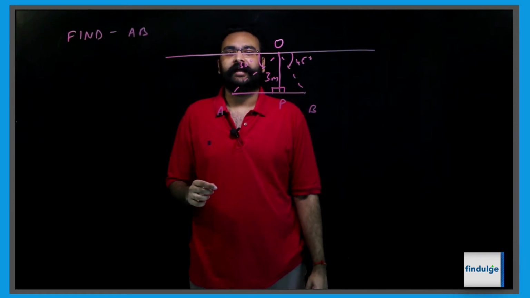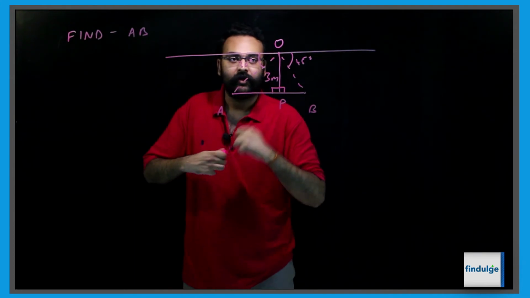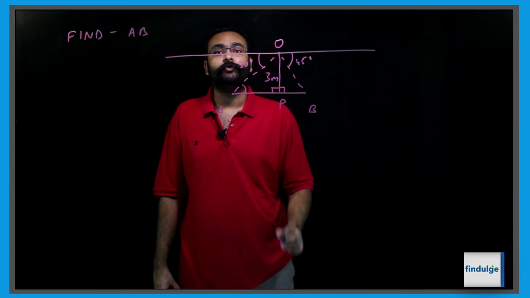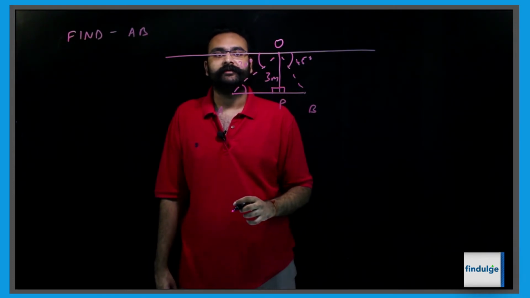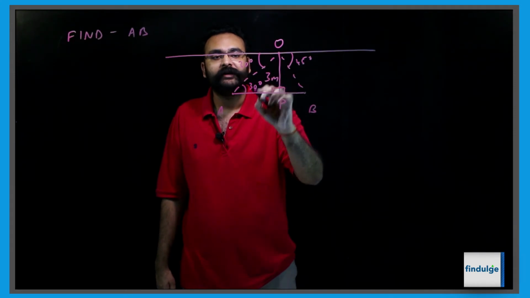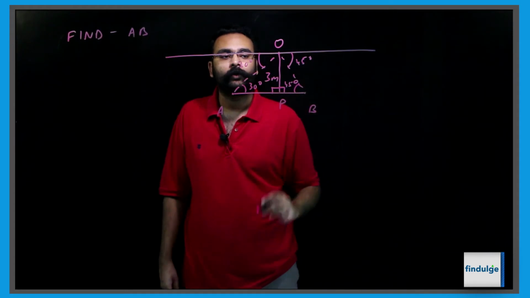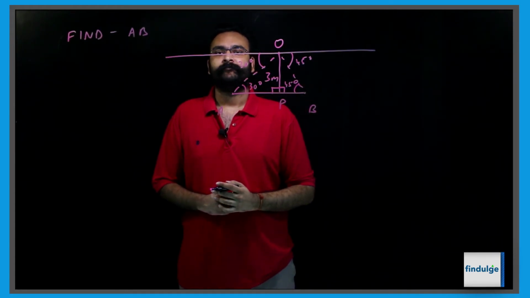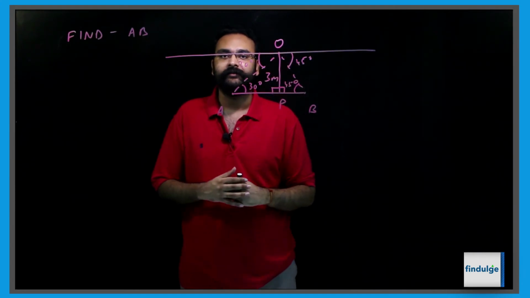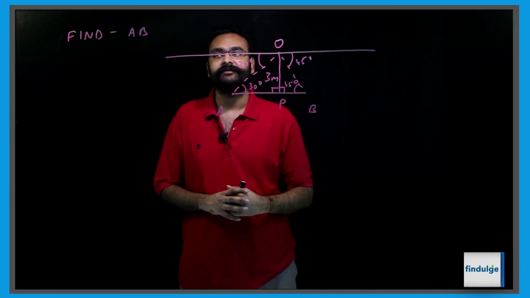First thing we have to realize is that angle of depression is equal to angle of elevation due to alternate interior angles. So angle OAP will be 30 degrees and angle OBP will be 45 degrees. So now I have my triangles OPA, OPB, I have the length of OP, I even have angles in both the triangles.